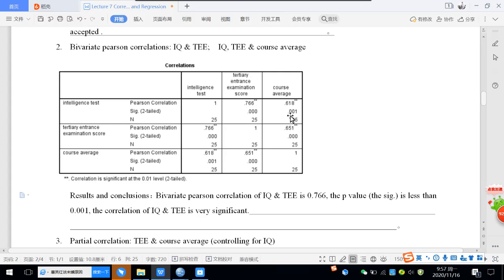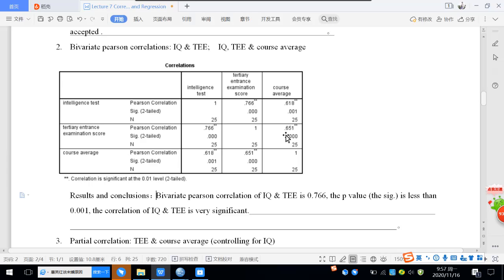Okay, and here the corresponding significance is less than 0.01. So the correlation of IQ and course average is very significant.